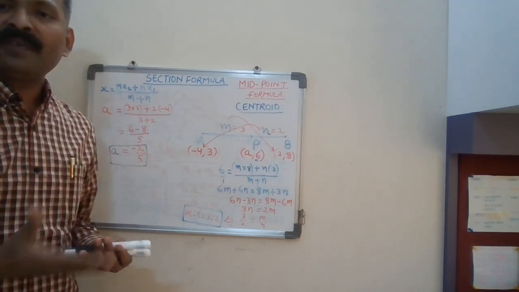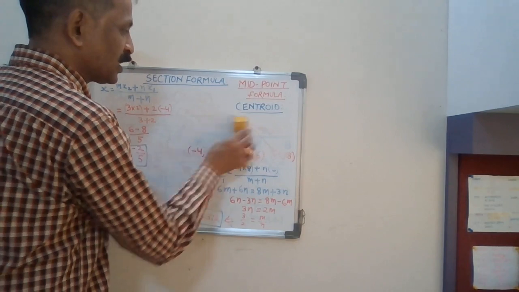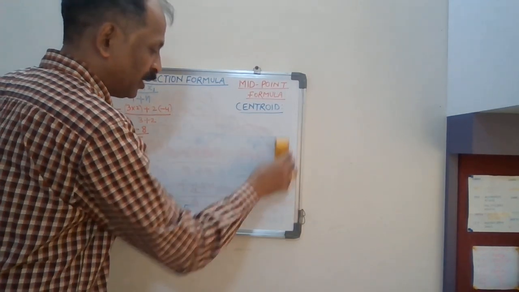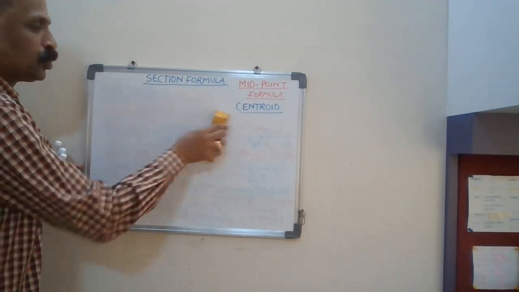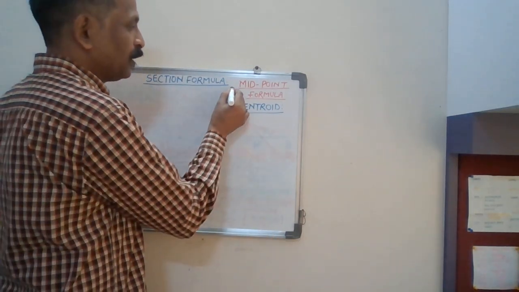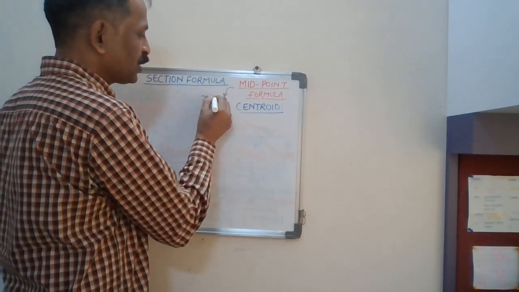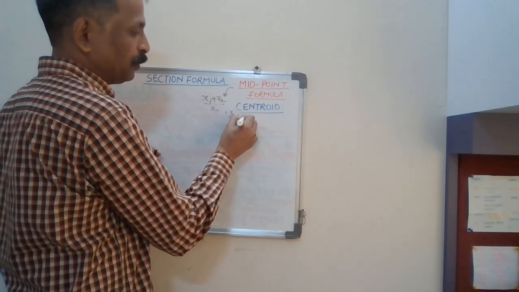Let me do one sum of midpoint. The midpoint is easy. Midpoint is the case where m1 and m2 are 1 and 1, so m1 plus m2 will become 2. So you can apply the direct formula. Whenever you are finding the midpoint, it is x1 plus x2 upon 2, comma y1 plus y2 upon 2.